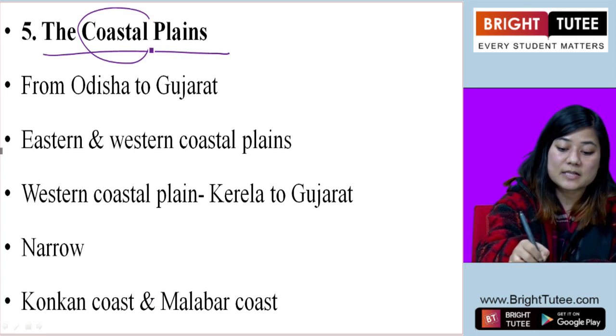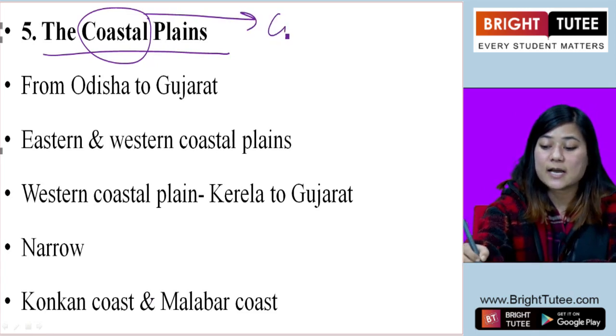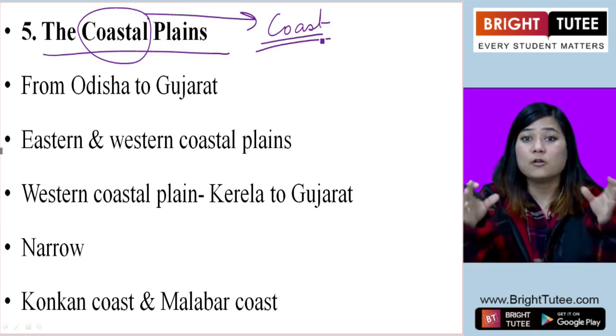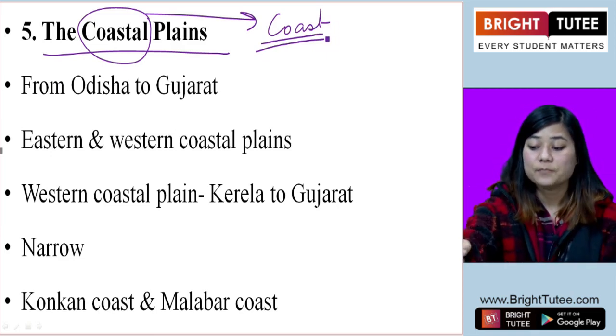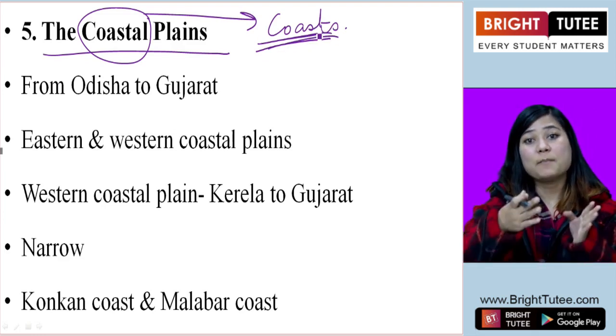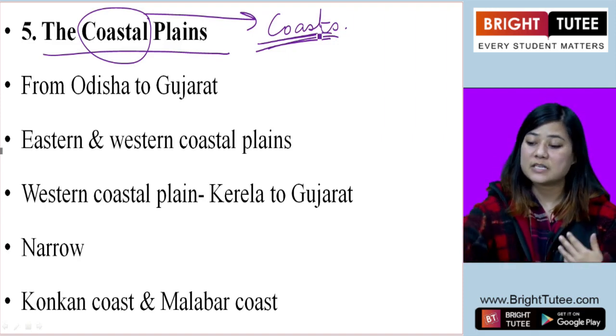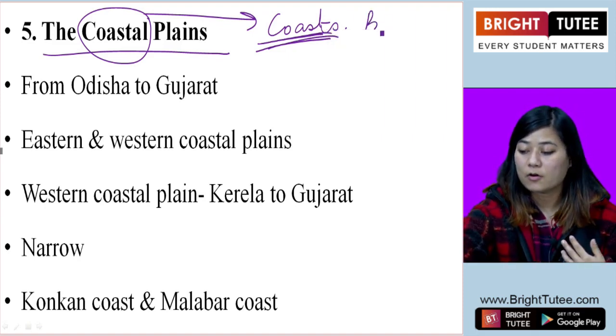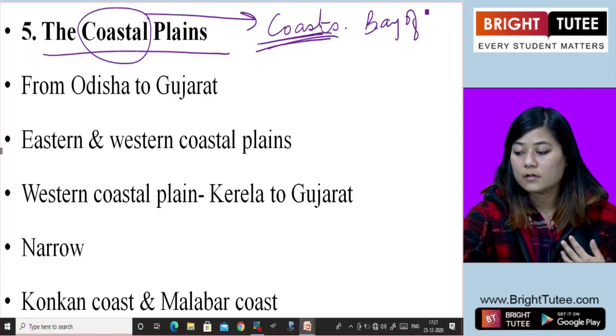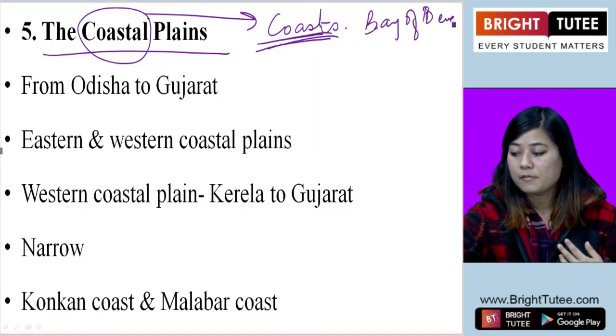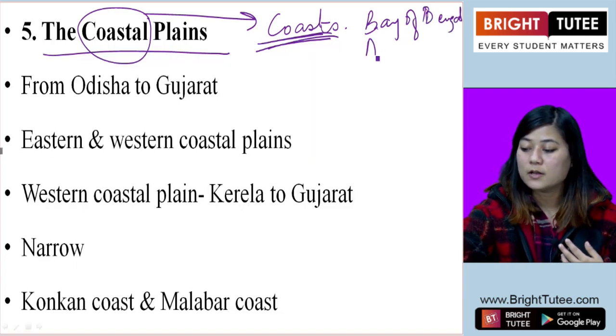So from the name itself, we can get an idea that these are the plains which are formed along the coast, right? Now coasts are those areas which are the banks of the water bodies. The water bodies here mean the Bay of Bengal and the Arabian Sea.